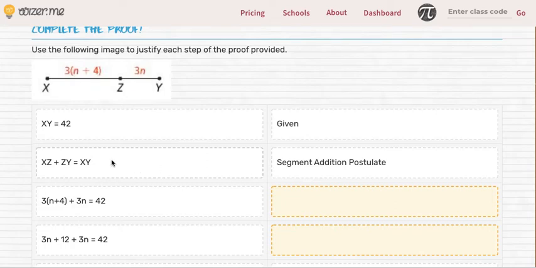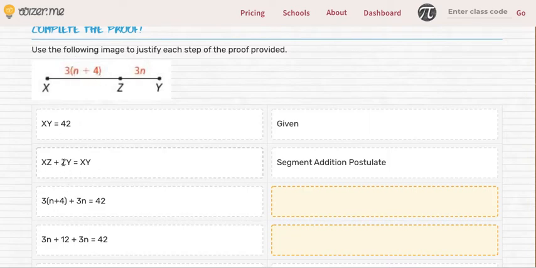Now, what did we do to go from XZ plus ZY equals XY to get to 3 times (n plus 4) plus 3n equals 42? How did we go from here to here? Well, one of the things that we did is we simply replaced, right? We replaced XZ because we knew how long it was. It was 3 times (n plus 4).